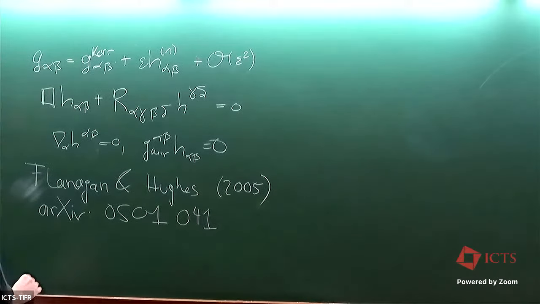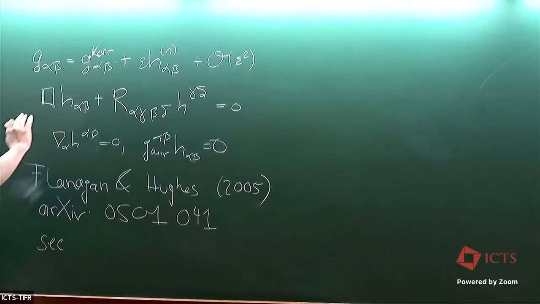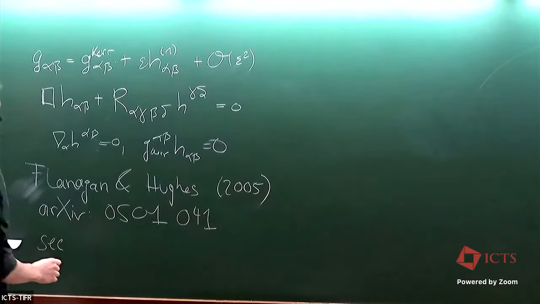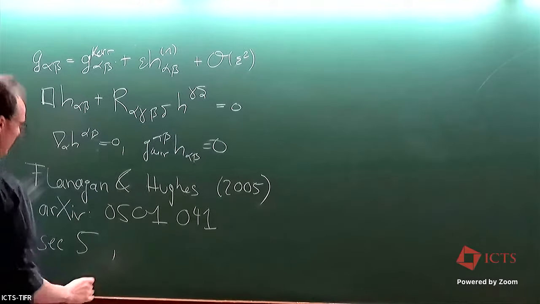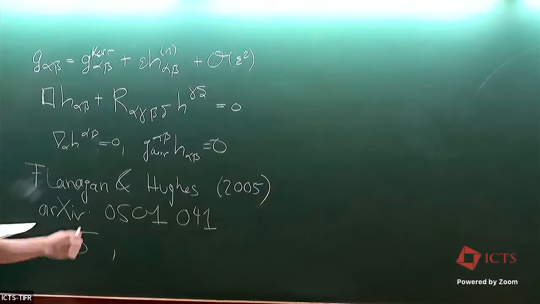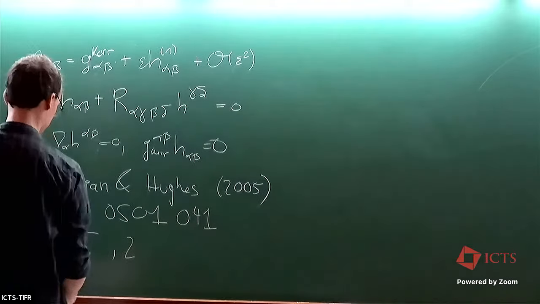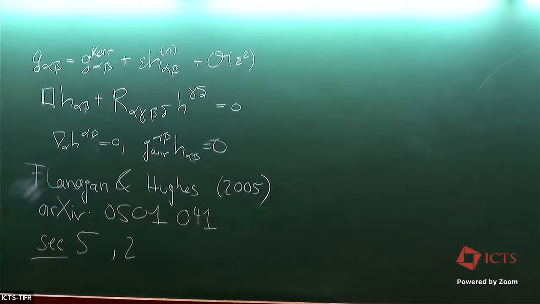And then specifically, this derivation is done for an arbitrary background metric in section 5, or specifically for a flat, so Minkowski background in section 2. Okay, so they are laying out all the details, but you'll see it's a lot of algebra, and I don't think you learn a lot by going through all the algebra. So that's why I'm not doing this explicitly here. Okay.